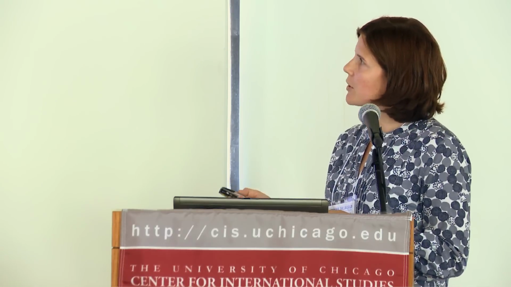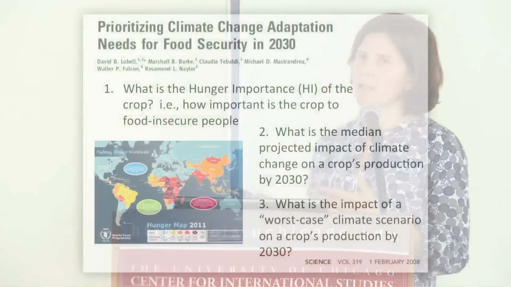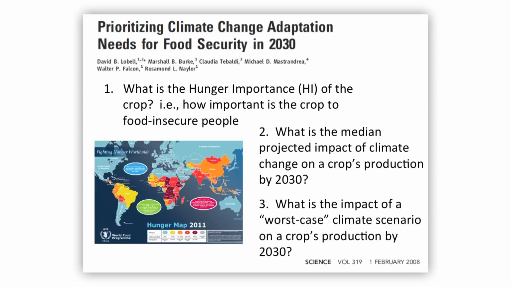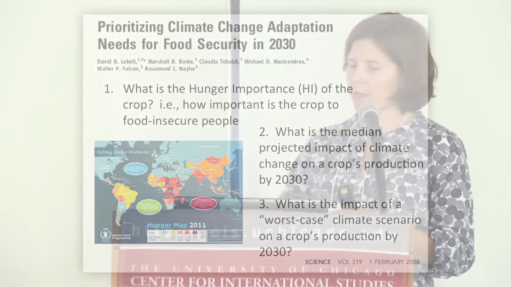They asked this question basically by considering three things. First, what's the hunger importance of the crop? Or how important is that crop to food insecure people in a place? Second, what's the median projected impact of climate change on a crop's production? And third, what's the impact of a worst case climate scenario on production of that crop?